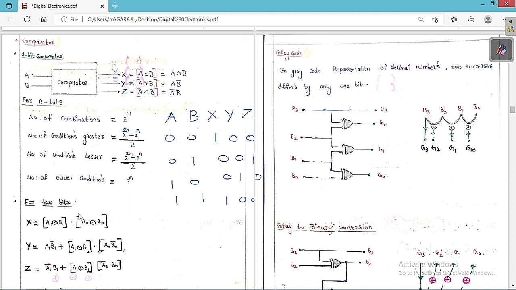So this is the basis for the 2 bits. So X is equal to A1 XNOR B1 into A0 XNOR B0. Similarly Y is equal to A1 B1 bar plus A1 XNOR B1 dot A0 B0 bar. Similarly Z is equal to A1 bar B1 plus A1 XNOR B1 into A0 bar B0.